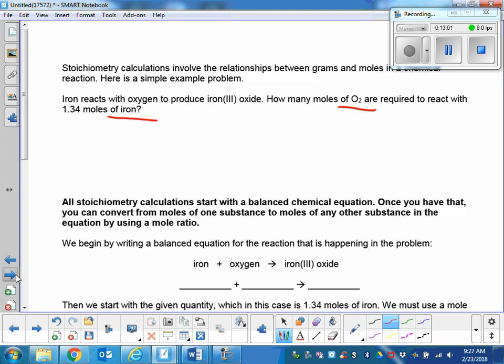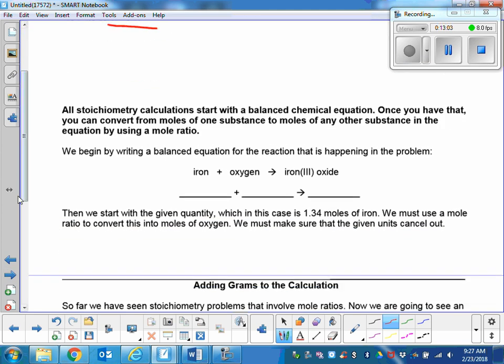So how do we do this problem? First off, you need the equation. Iron. How do you write oxygen? O2. What is your formula for iron 2 oxide? Fe2O3. What is the next and most important step? We should balance the equation.